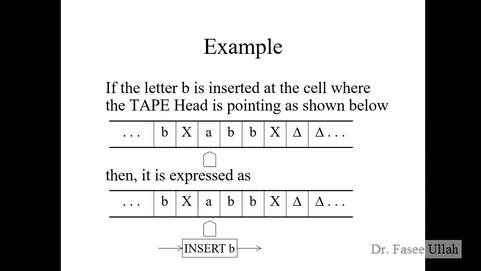This is the process step by step. This is the existing, current position, and we want to insert B here, and we move all of the elements from this position onward towards the right one by one.